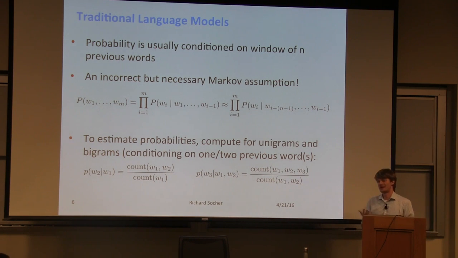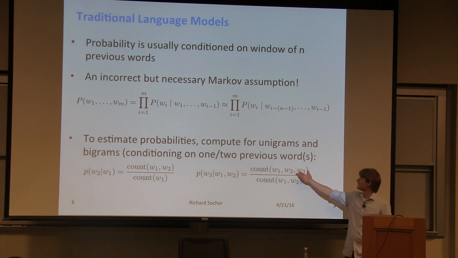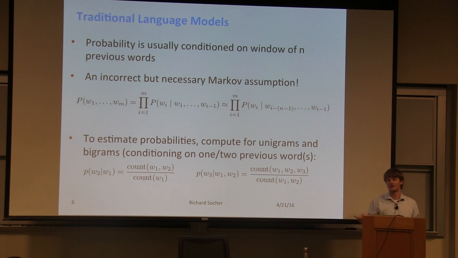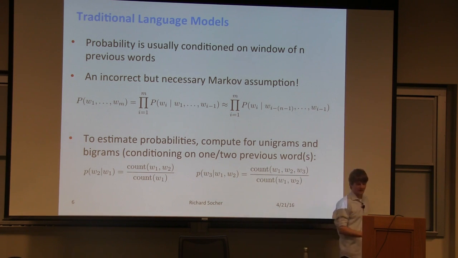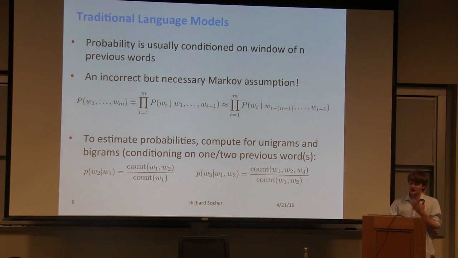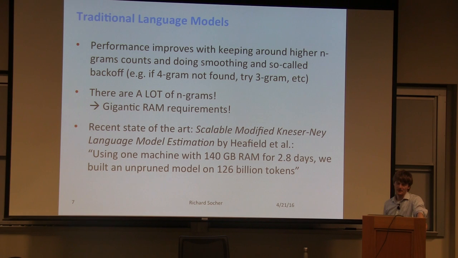So if the English language has at least 50,000 to 100,000 useful words, so that's 100,000 to the power 3 many possible numbers we now need to collect and keep around, even at test time, to compute that probability of just a single word. And in general, we want to have not just conditioning on bigrams, but ideally 3, 4 or 5 grams. And we know that the performance improves the higher n is in these n-gram counts.